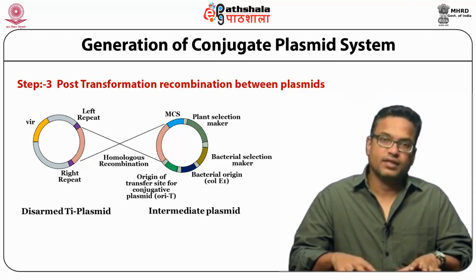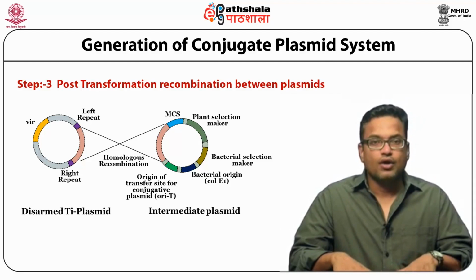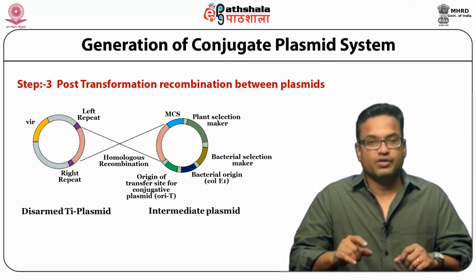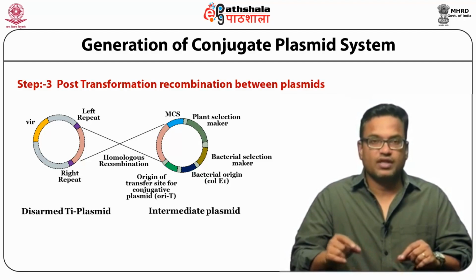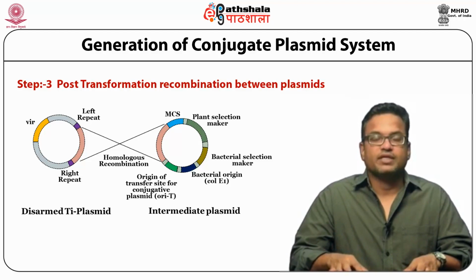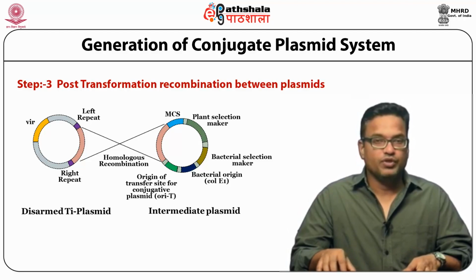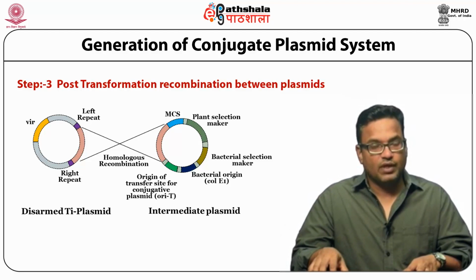It has a virulence region, as you can see shown in red here, but it also has a scar region of pBR322 sequence. Because the recombination is not perfect, you still have some region of the bacterial DNA left. Then you have a range of selection markers that will be used in the plant as a plant selection marker, which are usually antibiotics.